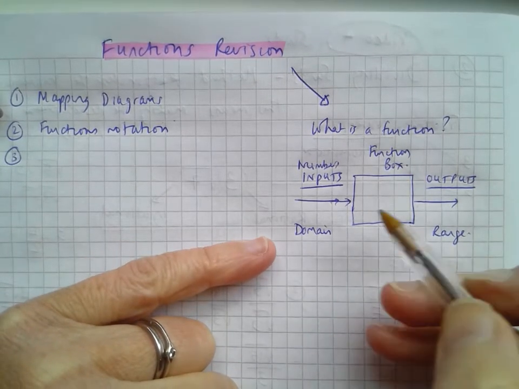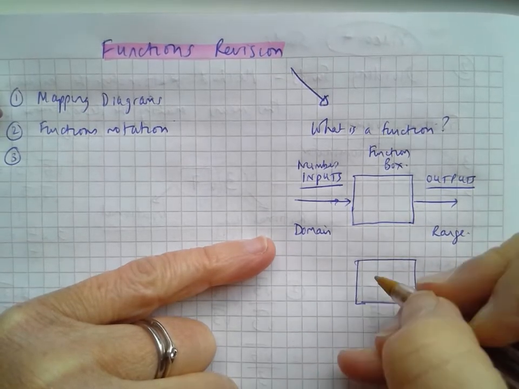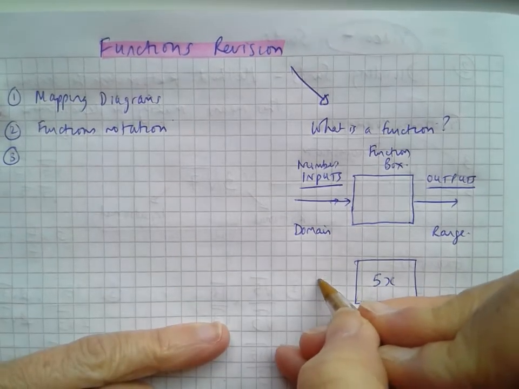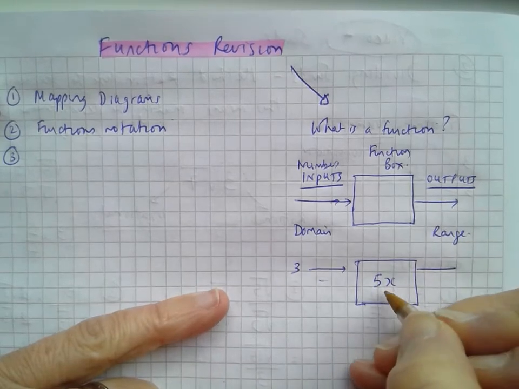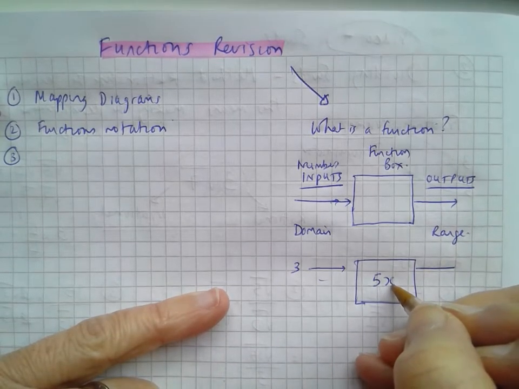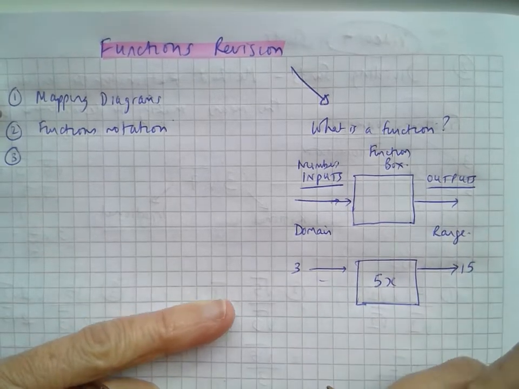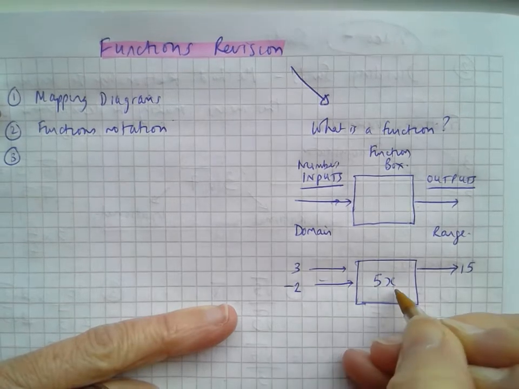So for example, let's say we had a function box which was 5x. We'd put a number into that function box, so we'd put 3 in and we'd get 5 times 3 out, so our output would be 15. Say we put minus 2 into the function box, 5 times minus 2 is minus 10.